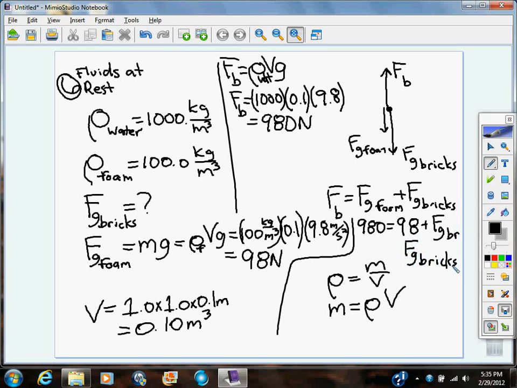In other words, the weight of bricks you can put on this foam, so that it's barely submerged, just to the top of the foam here, is going to be 980 minus 98. This will be 882 newtons. Please remember sig figs, this will be 880 newtons.